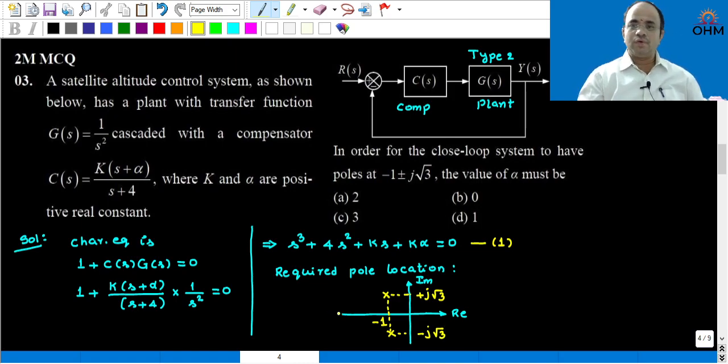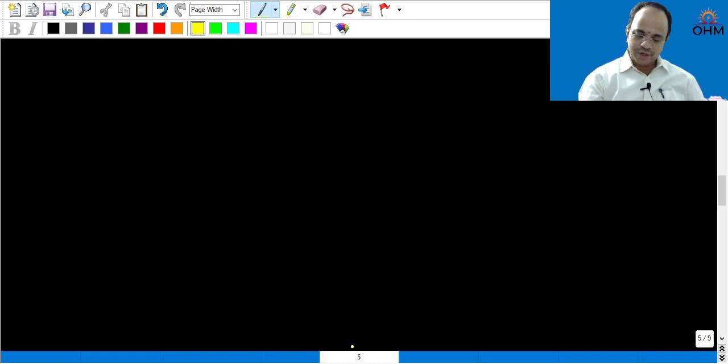Now we don't know where the third pole is located. Then what I can do, hypothetically, let us assume that the third pole is placed at the -a position. Therefore, with this required pole location, now I can define the required characteristic equation.